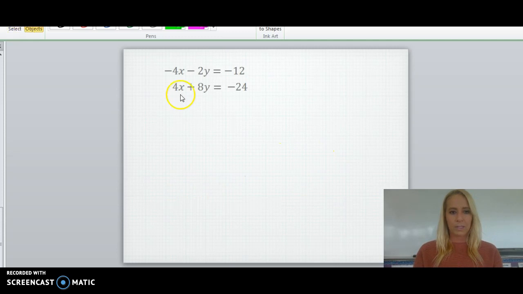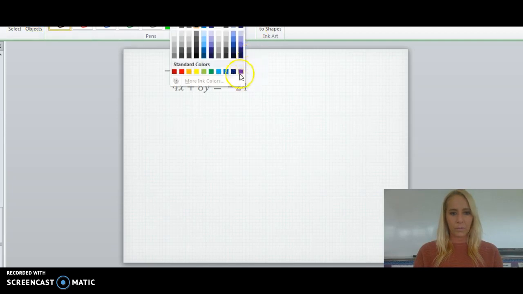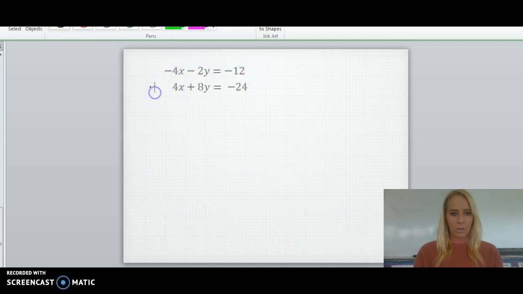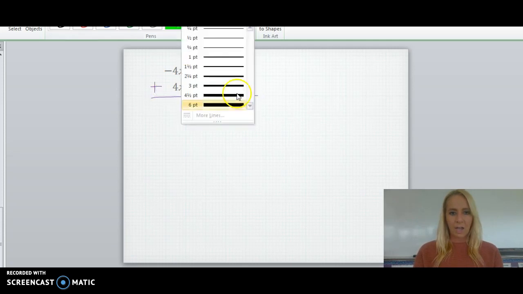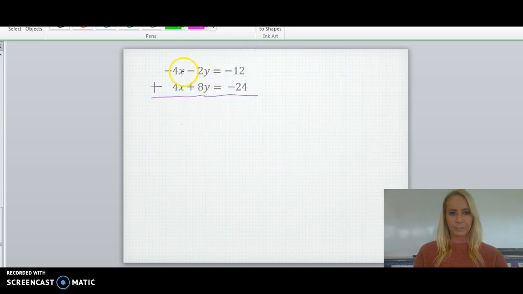So in our video example, we're adding these two equations together. When we add these together, negative 4x plus 4x cancels out.